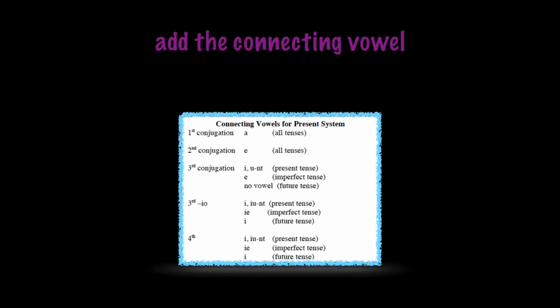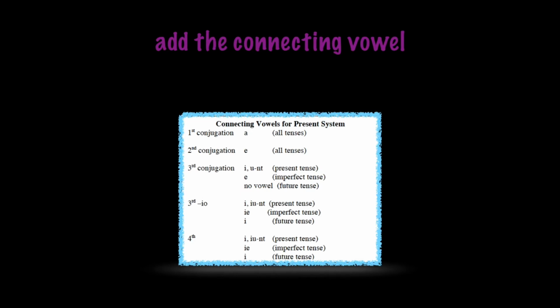Third -io verbs like capio, capere will use i as a connecting vowel until it is time to use the third person plural ending -nt. Then you will need to use the two vowels i, u to connect the base and the ending.